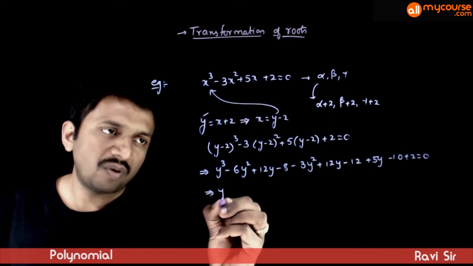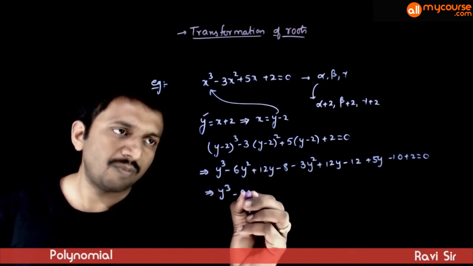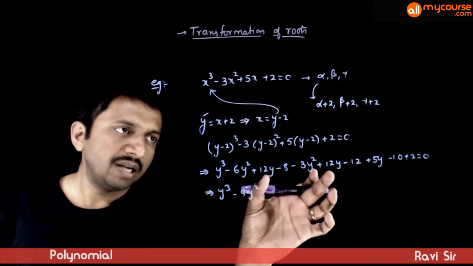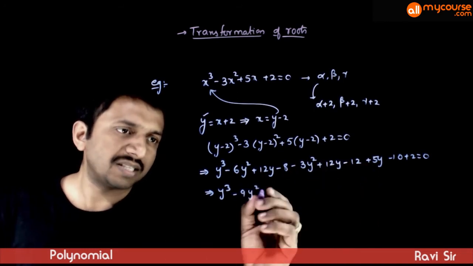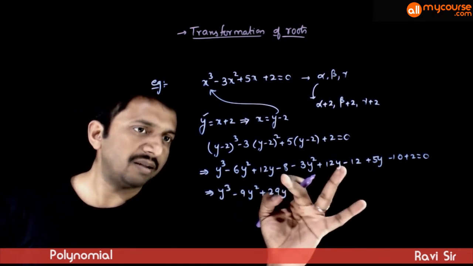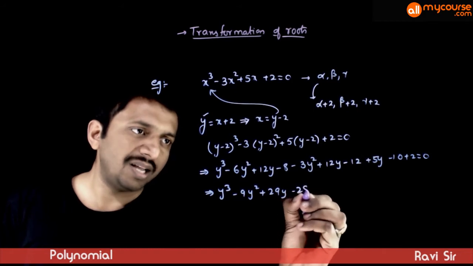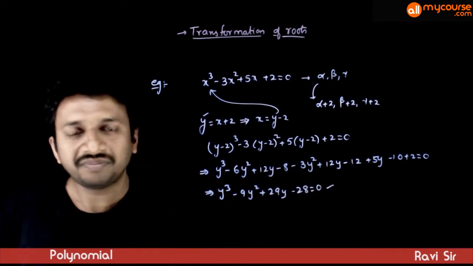This implies y cube minus 6y square minus 3y square is minus 9y square. 12y plus 12y is 24y, plus 5y, that is 29y. Minus 8 minus 12 minus 10 plus 2 is minus 28, is equal to 0.